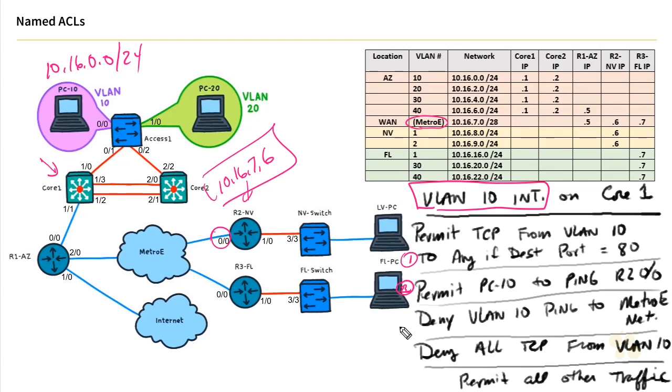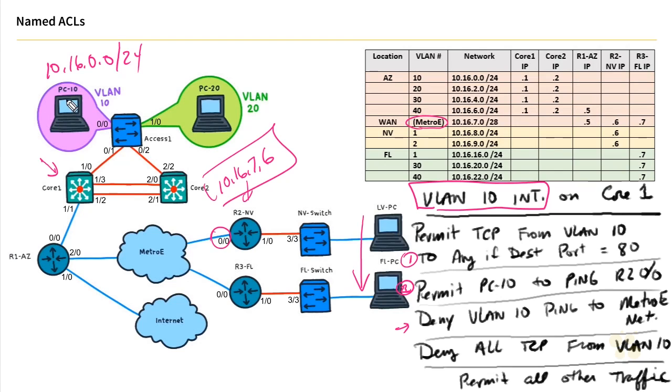Great. Number 3, they want us to deny VLAN 10 to ping the Metro Ethernet. Now this is important to understand because we just had a requirement for a single host on this subnet to ping a device on the Metro Ethernet network, and they're also asking us to deny everything else. So the order we place these in is important because the router is going to process them from top down, and when it finds a match, it's going to execute with either a permit or deny, and it's not going to continue checking.